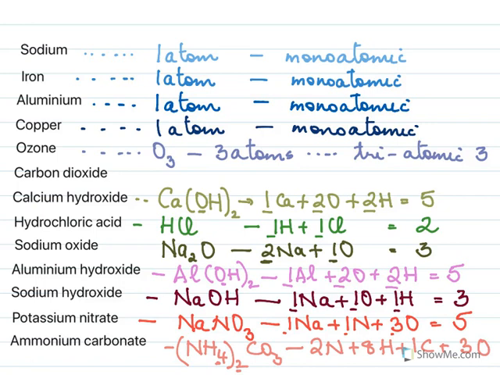This whole thing is 2, so there will be 2 nitrogens, and 4 into 2, 8 hydrogens. So when you add up all this, 2 plus 8 is 10, 11, 12, 13, 14. Atomicity 14. So atomicity is the number of atoms present in a molecule.